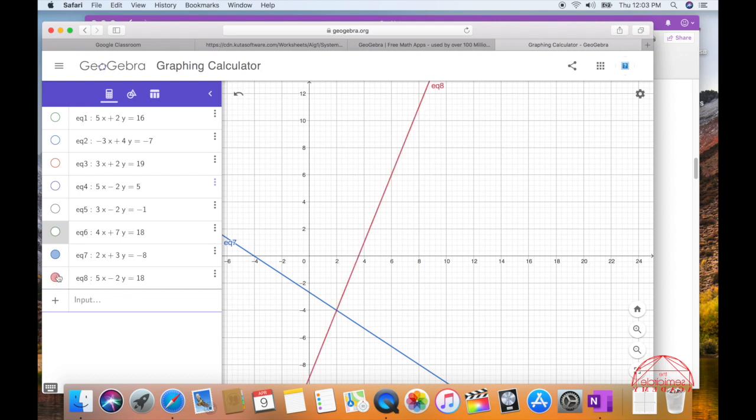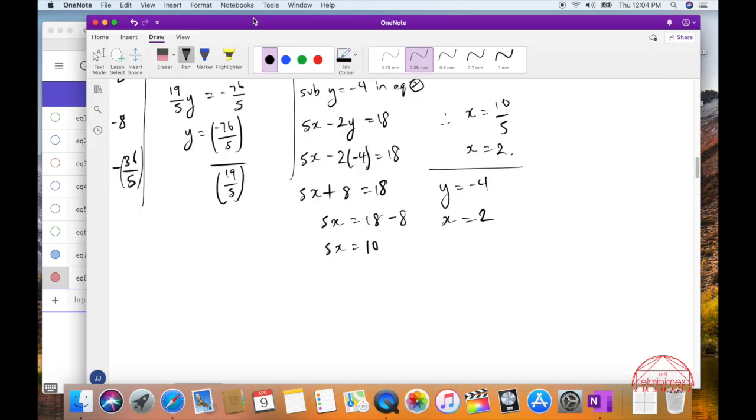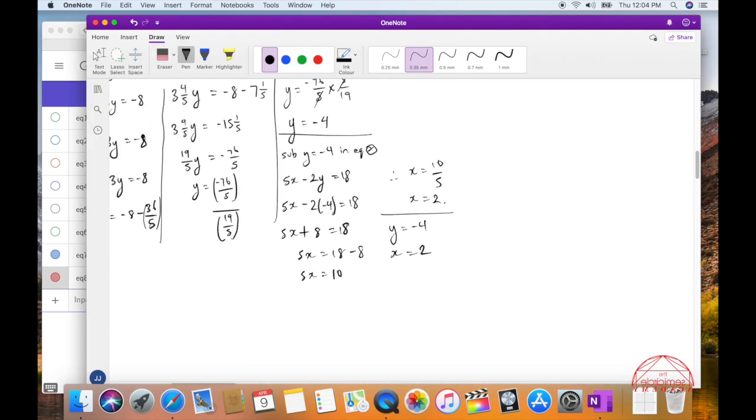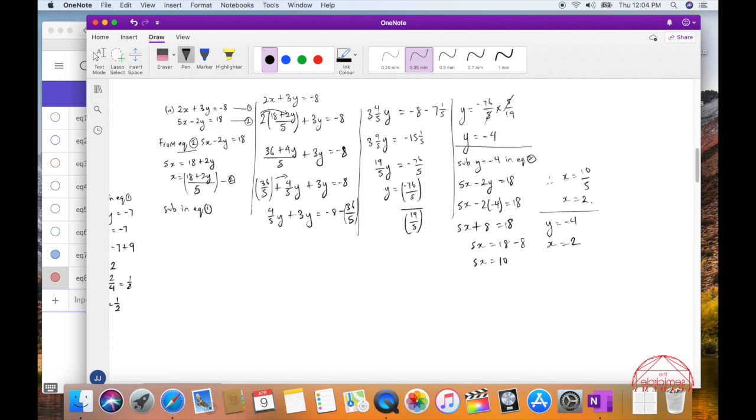We have the second equation, 5x minus 2y is equal to 18, and we can see there that the point of intersection is indeed x is 2, y is negative 4. So that is it for the simultaneous equations homework, the corrections. So I hope you guys got some good solutions.